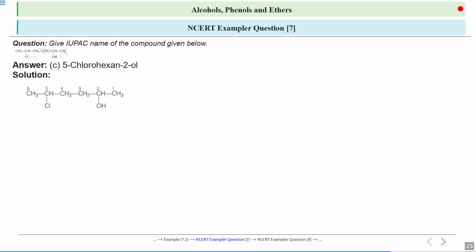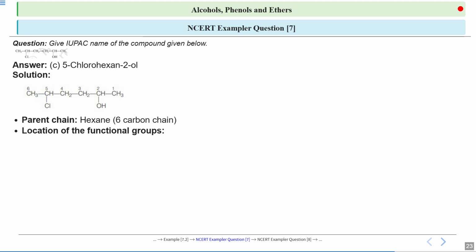If you see the given compound, according to the IUPAC nomenclature, firstly you have to identify the parent chain which contains the largest number of carbons and also the carbon which is attached to OH. After that, you have to number the parent chain, and the lowest possible number should be given to the carbon which is attached to the OH group. So the OH group is at the second carbon. The parent chain is hexane, a 6-carbon chain.